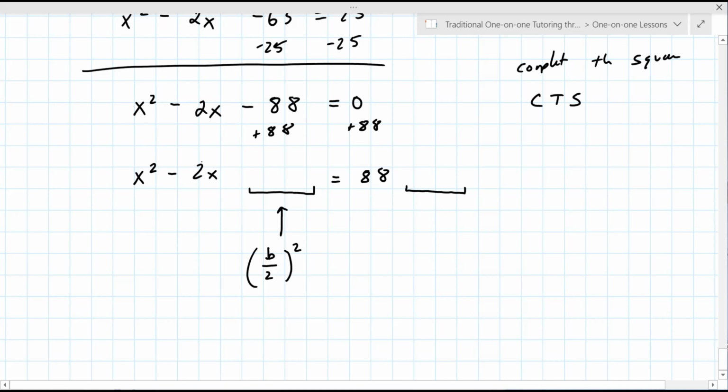So b is -2 in this problem. When you cut it in half and then square it, what goes here? -2 divided by 2 equals negative 1. And then you square -1, and -1 times -1 is just 1. Perfect. So this is +1.